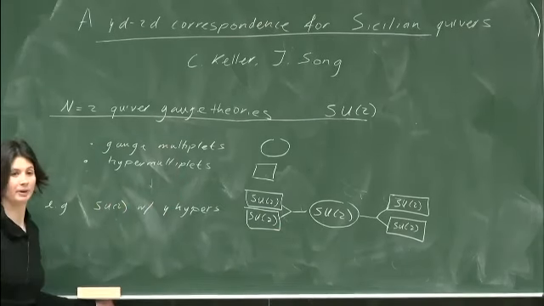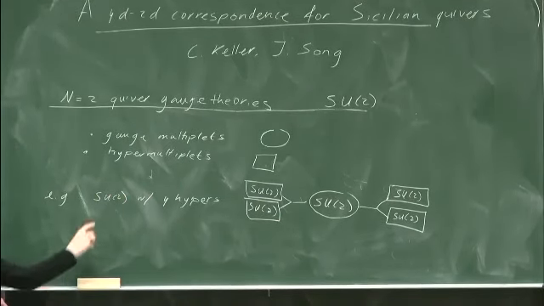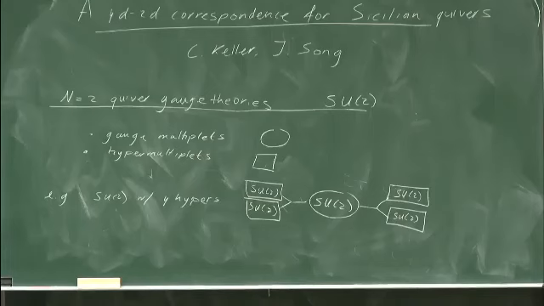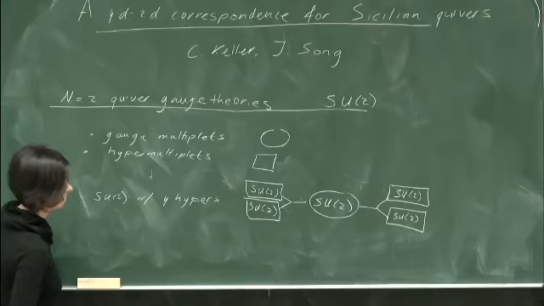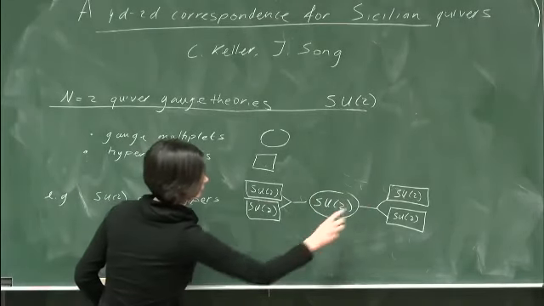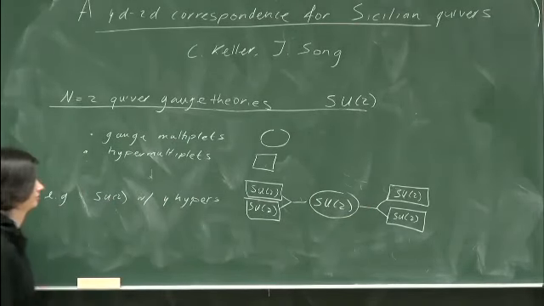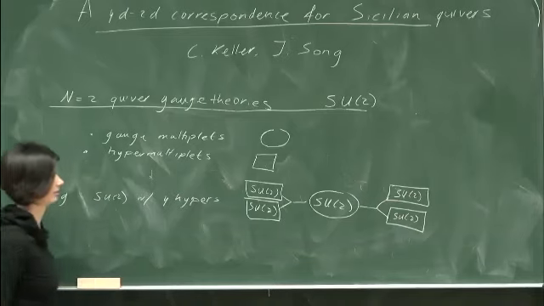So let me explain this picture in a second. So 4 hypermultiplets transforming in the fundamental representation of SU(2). That means that their flavor symmetry will enhance to SO(8), and SO(8) splits into 4 SU(2)s, and these are the SU(2)s that are represented in this diagram.